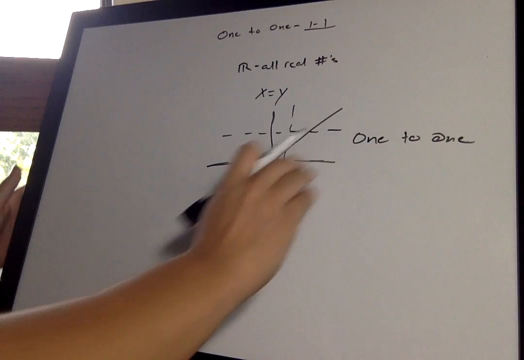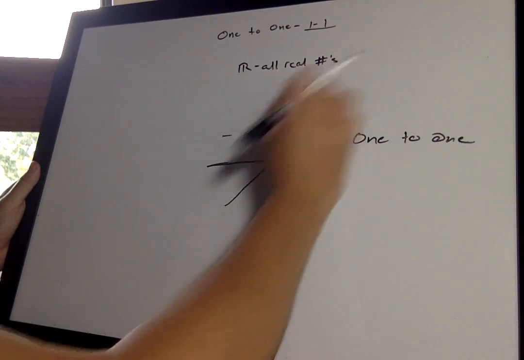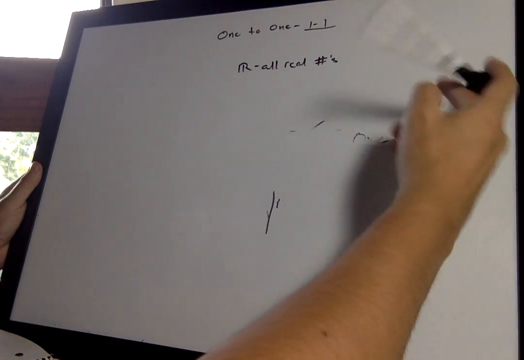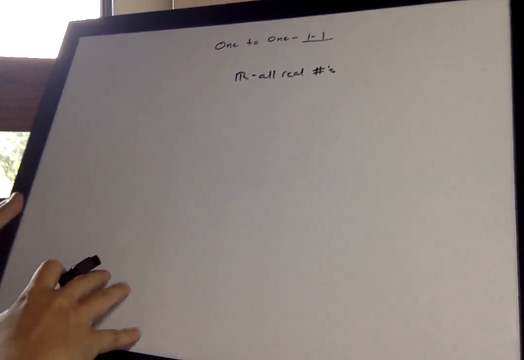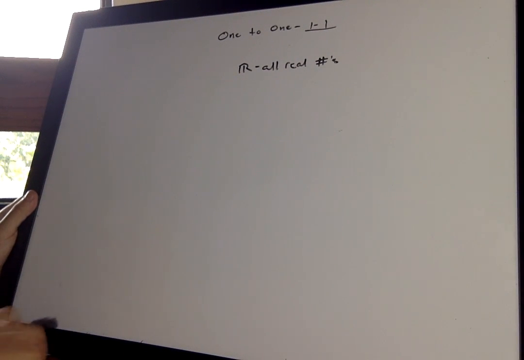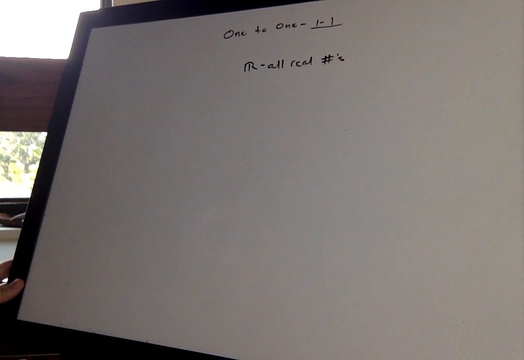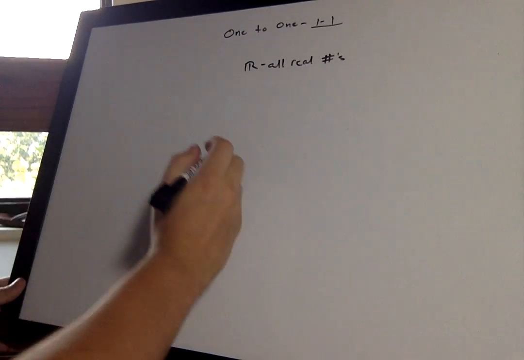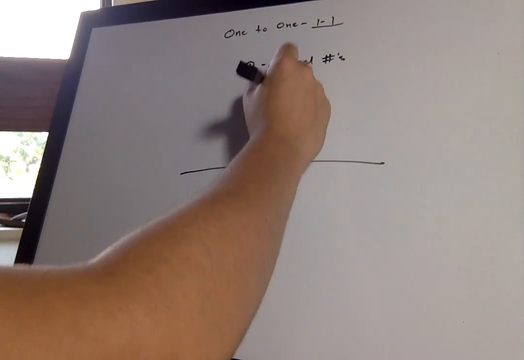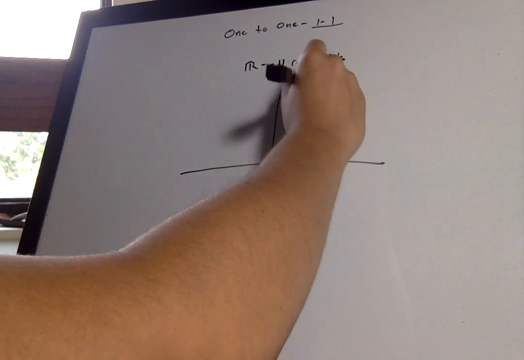Okay, so now we have the problem with tangent, because tangent is kind of complex when it comes to this concept. Tangent is not one-to-one over its whole domain, so it's kind of hard to explain, so I'll draw it out. The tangent graph is going to start with curves going up.